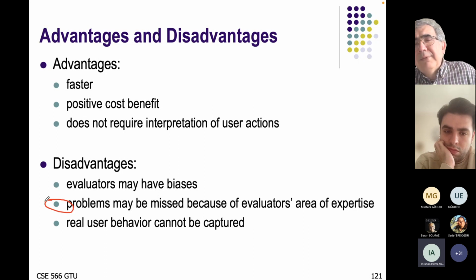And then finally, real user behavior is hard to capture.